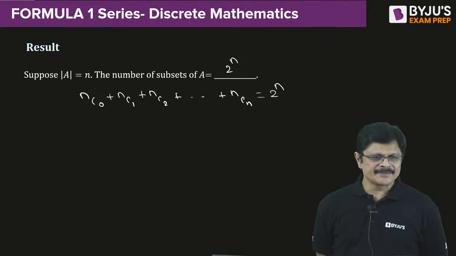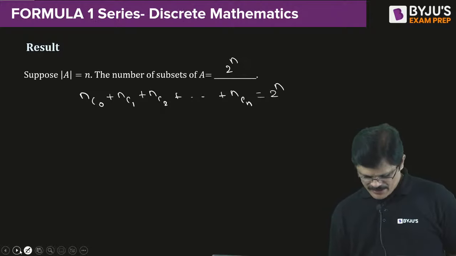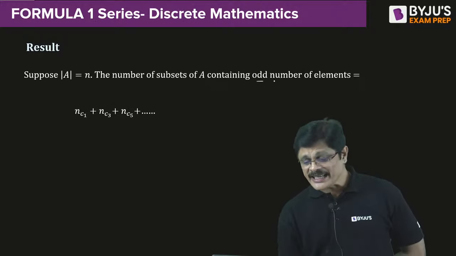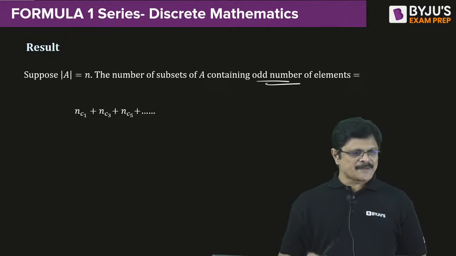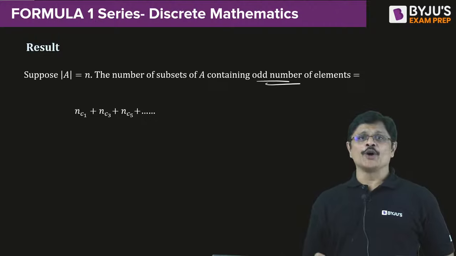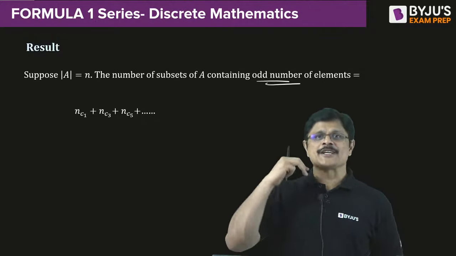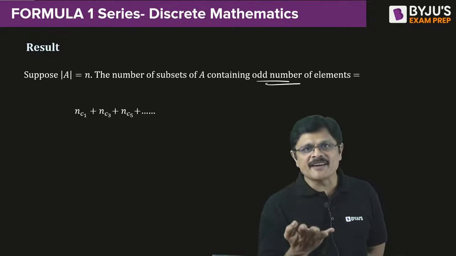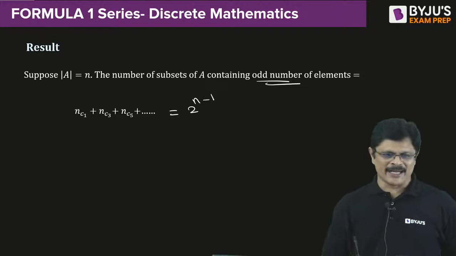Is the idea clear? They can ask you a question: number of subsets containing an odd number of elements. That means subsets containing 1 element, 3 elements, 5 elements and so on, and that is given by the formula 2 power n minus 1.